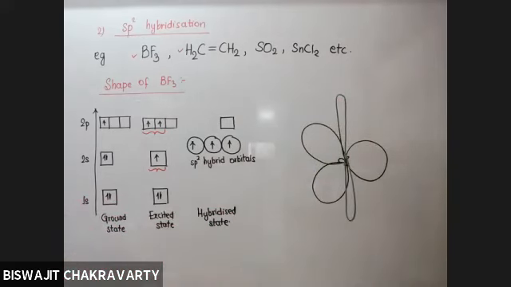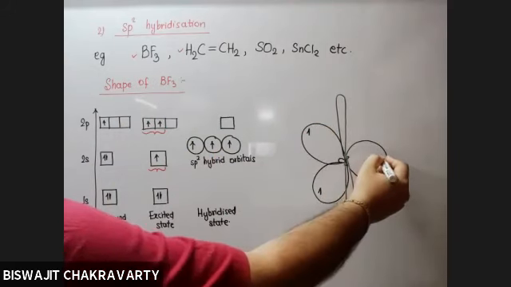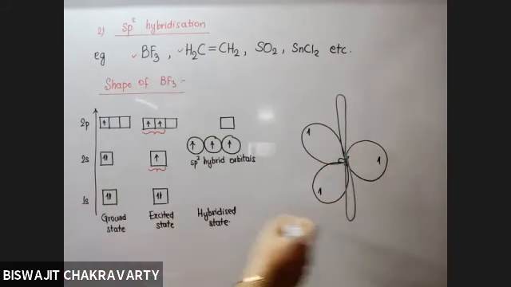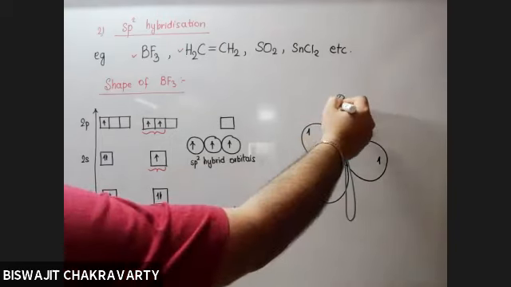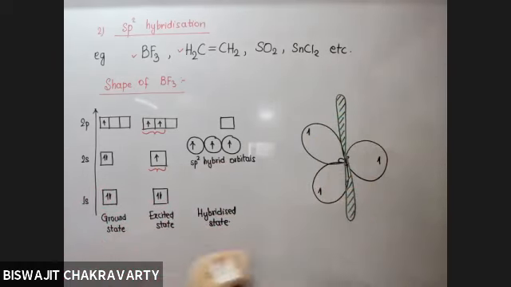In case of boron, the energy diagram says that the three hybrid orbitals have got one unpaired electron each, and the unhybridized p orbital is vacant. It is not taking part in hybridization. So since it is vacant, we are simply going to shade it off as it is of no use.